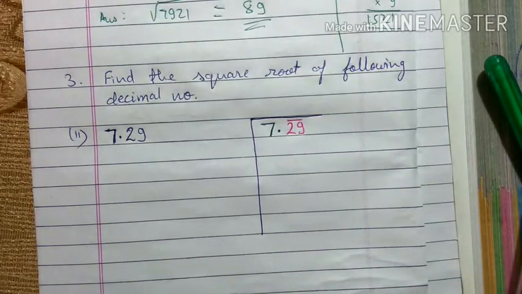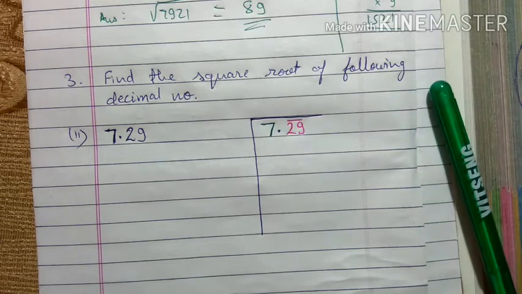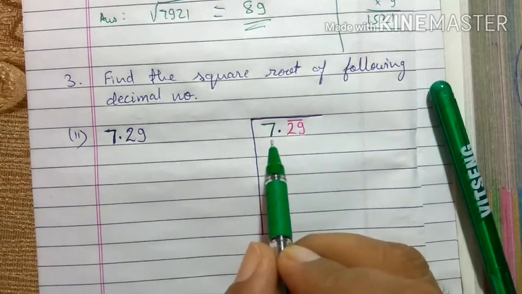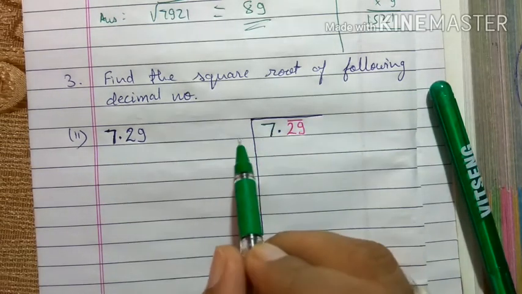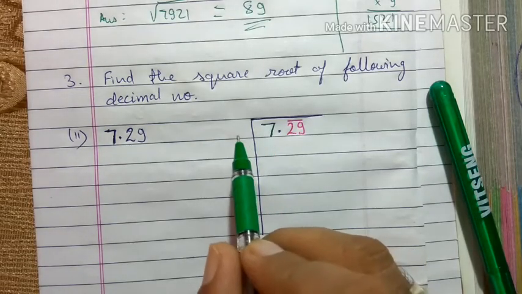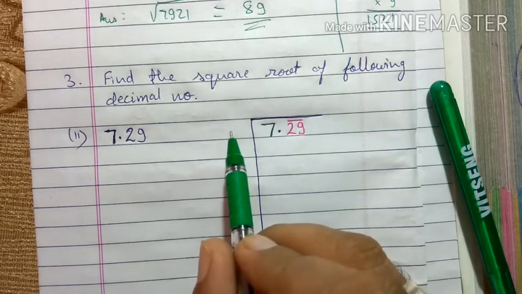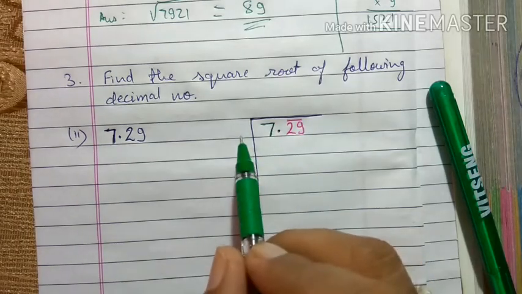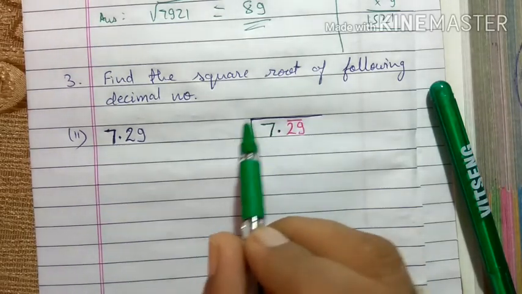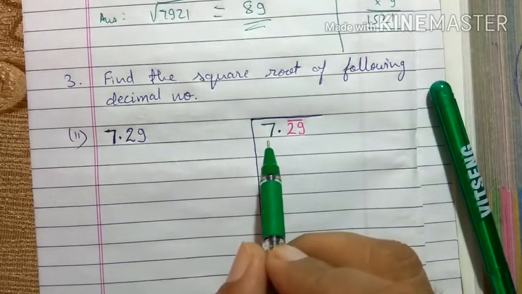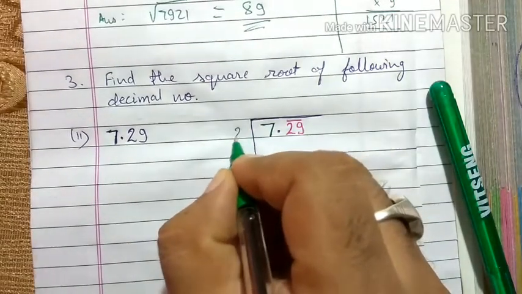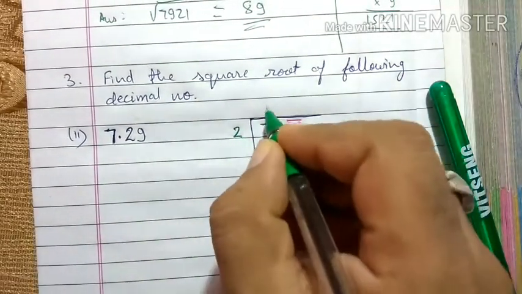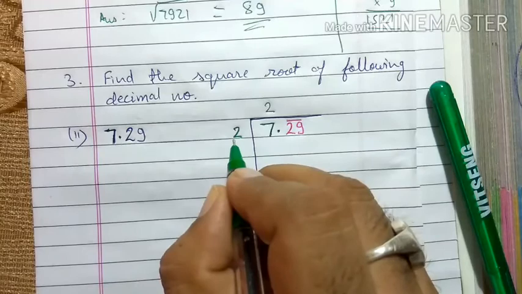Follow all the same steps that we have used. First of all we have to check which digit is very close to this 7. If we take 2, 2 2s are 4. If we take 3, 3 3s are 9, and 9 is bigger than 7, so we select 2.